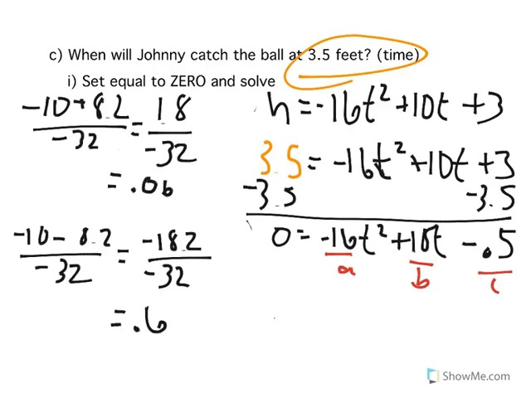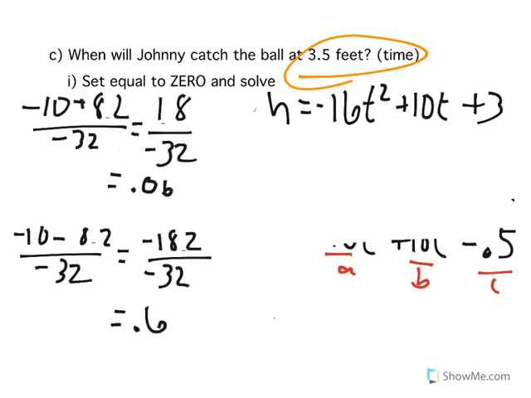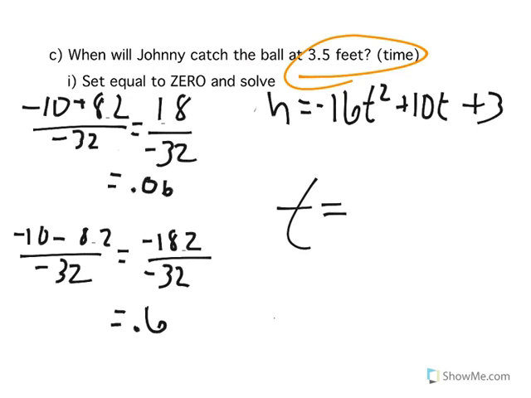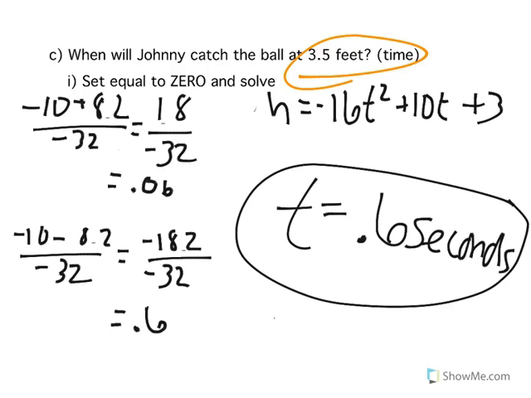So remember, we are solving for time. We wanted to know how long it took to get to 3.5 feet. We're going to pick the bigger answer. So it's 0.6 seconds. That's how long it took to get to 3.5 feet.